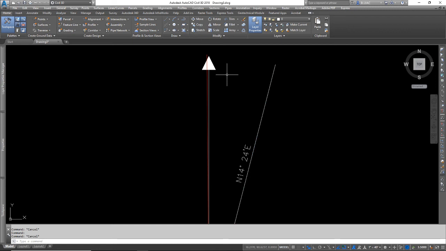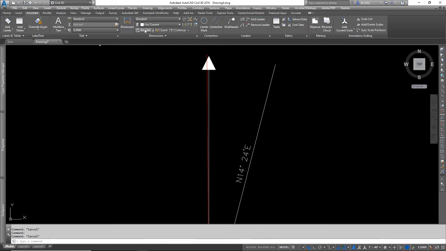What we would have to do then is take our true bearing and add to it this little bit of an angle between true north and the new magnetic north. This tiny sliver of an angle, 25 minutes, if I add that to my true bearing, I will get the new magnetic bearing for this line, which should be 14 degrees, 49 minutes. So let me check that here.